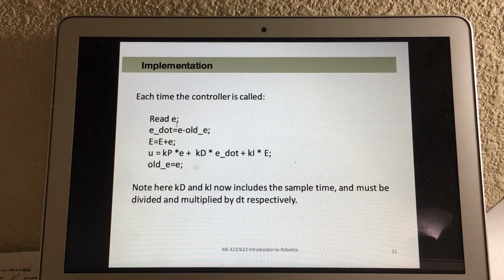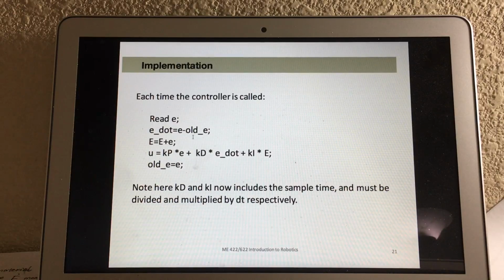So you read the error, and then you have your e dot. I should be careful here. So e dot equals e minus e old, and then the big E equals big E plus e.